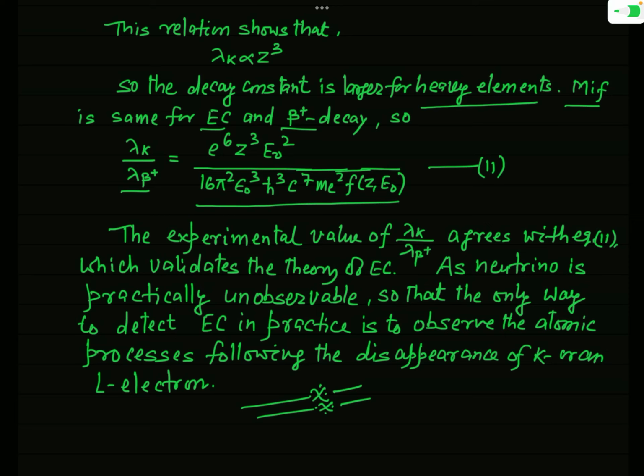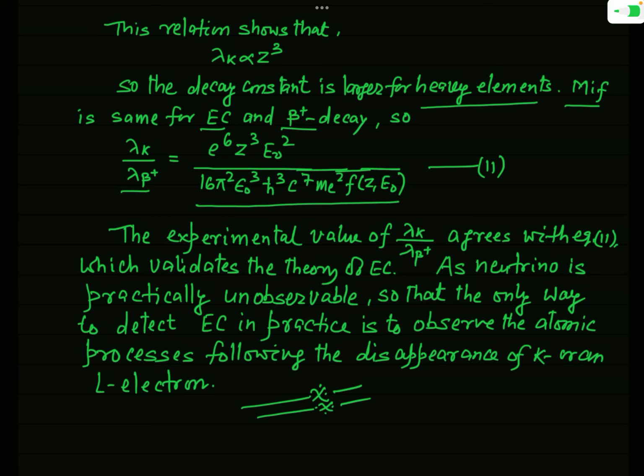You should remember it. This will be e to the power 6 z cube times E_nu square over 16 pi square epsilon naught cube h bar cube c to the power 7 m_e square times a function of z and E naught. This is the ratio of lambda k and lambda beta plus.